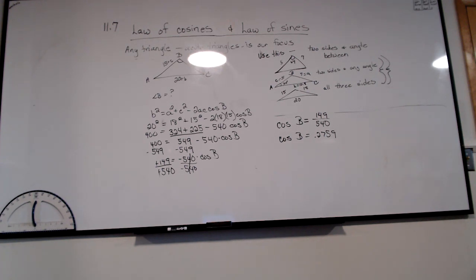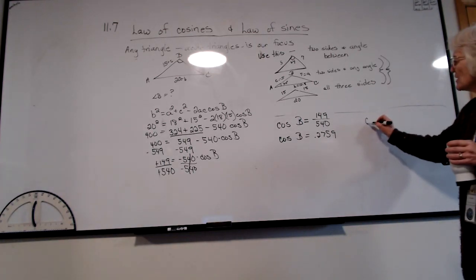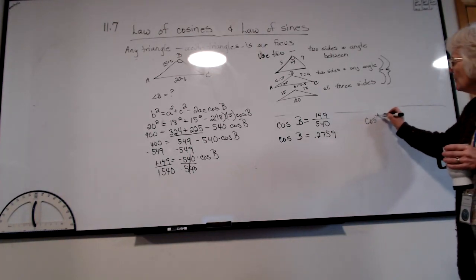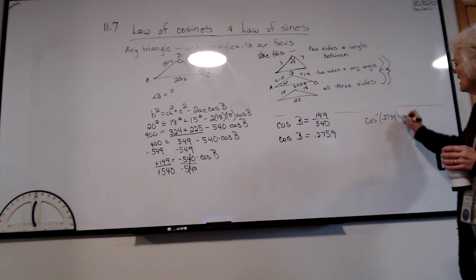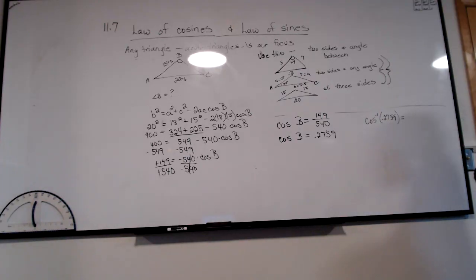Now, how do I put that answer in? Cosine B equals 0.2759. Somebody tell me how I put it in the calculator to get my answer. The inverse cosine. We will put cosine to the negative 1 of 0.2759 into the calculator and, as long as I'm in degrees, it will give me the answer in degrees.